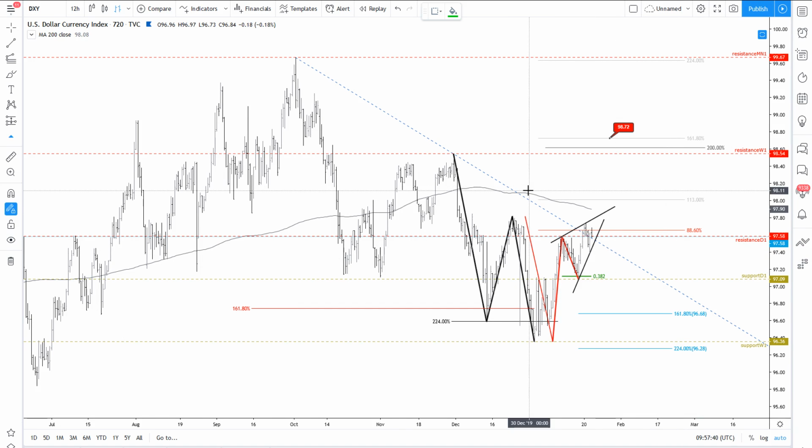Nothing that you see here is granted. It's just one probability for something to happen, and if that happens, we already know what to do according to that same price behavior.